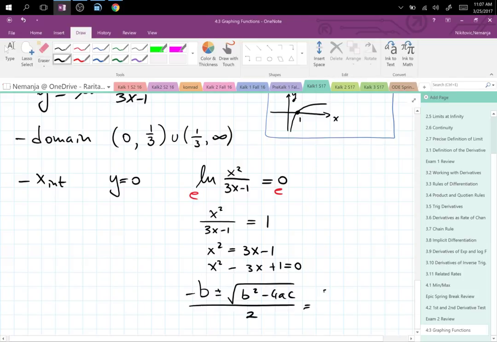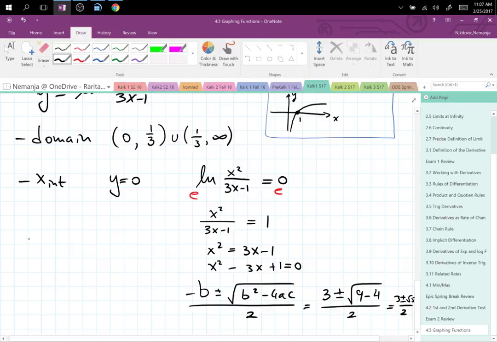So negative b is 3 plus or minus the square root of 9 minus 4, which is 5, all over 2. So at least it works out as 3 plus or minus root 5 over 2. So we do have x-intercepts. Root 5 is about 2.23, so about 2.5 and negative 1. Those are the values.